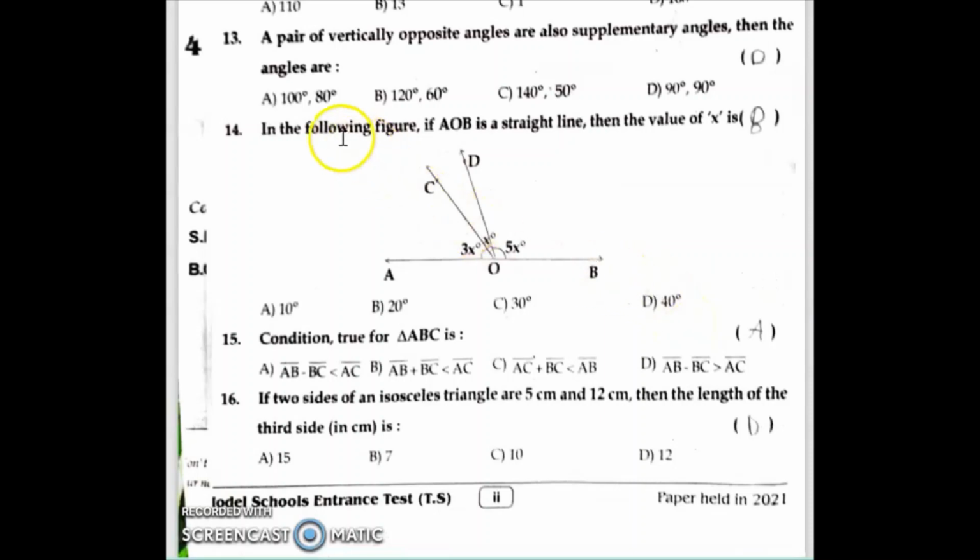In the following figure, if AOB is a straight line, then the value of x is B, 20 degrees.